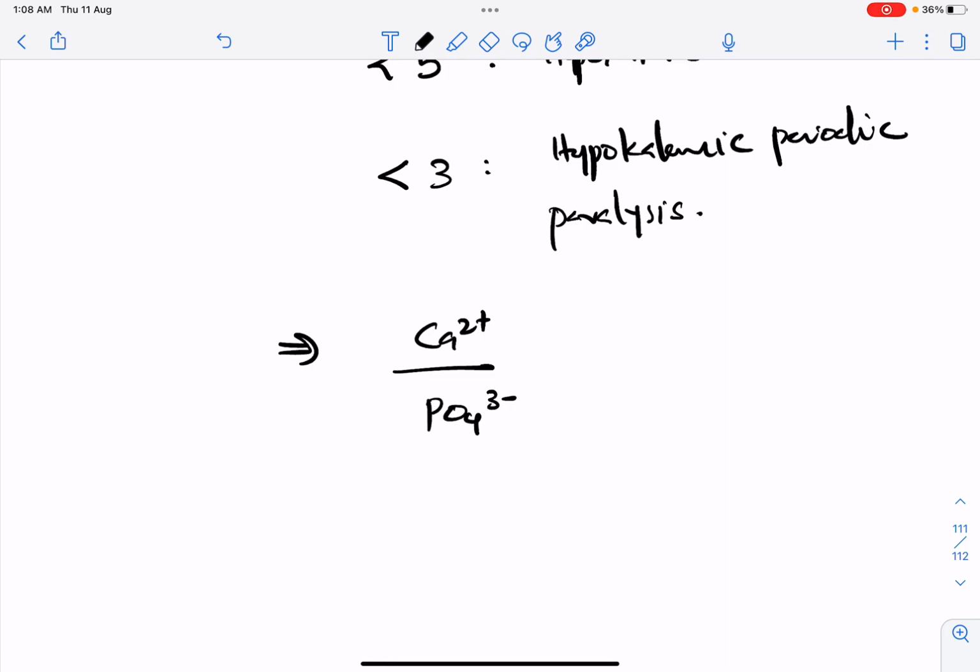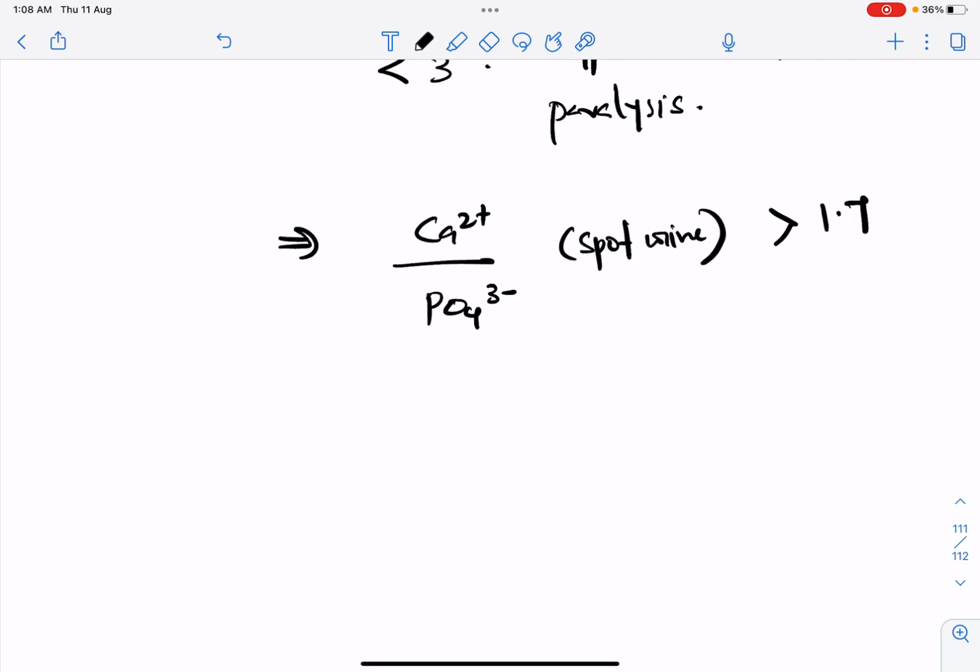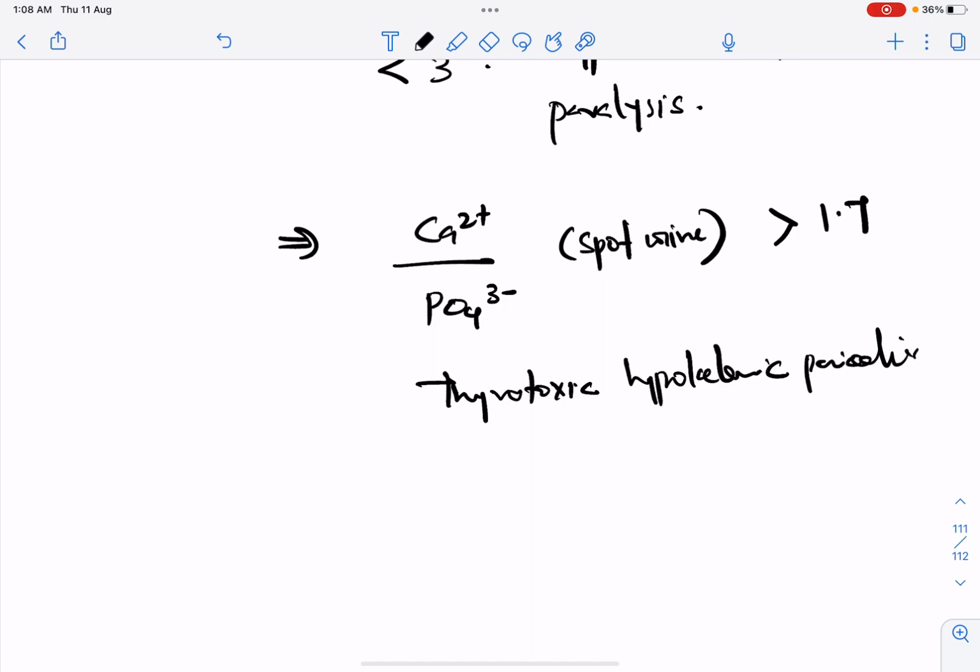Okay, the value should be obtained from spot urine, and if the spot urine calcium to phosphate ratio is more than 1.7, the hypokalemia is due to thyrotoxic hypokalemic periodic paralysis. Okay, so this is how you have to investigate a patient with hypokalemia.